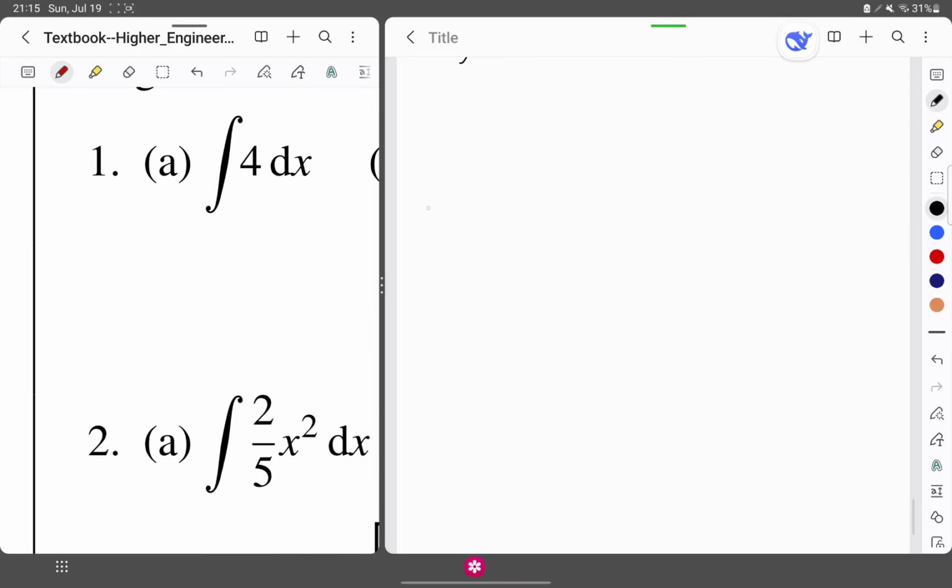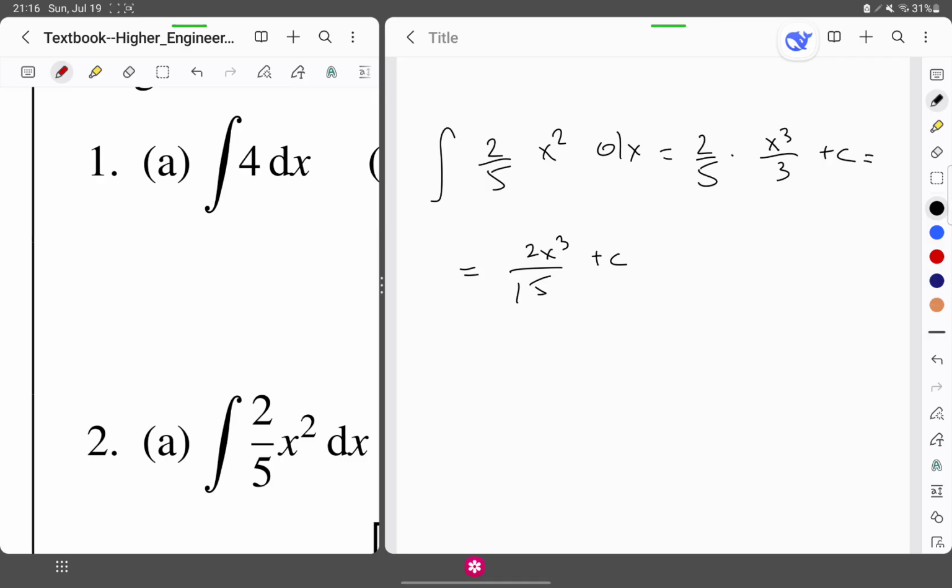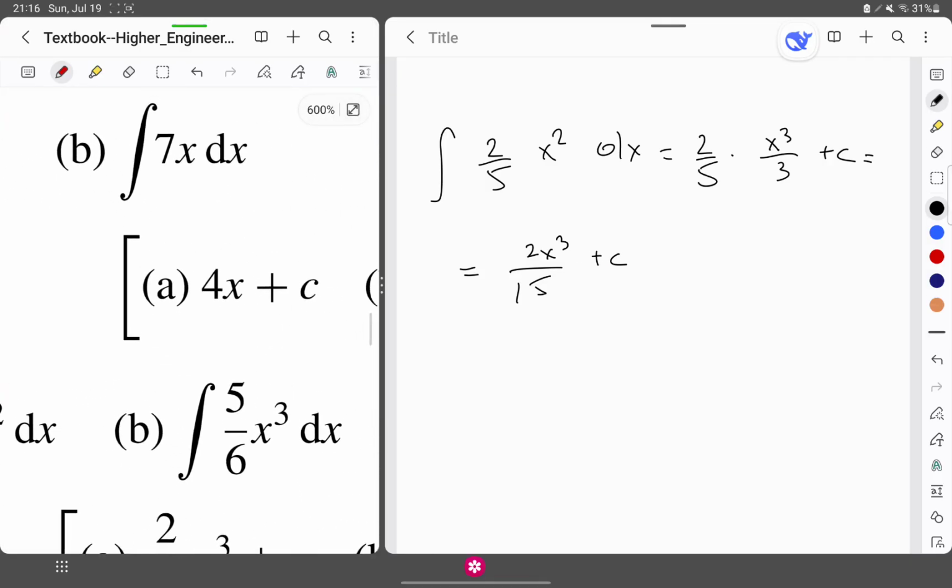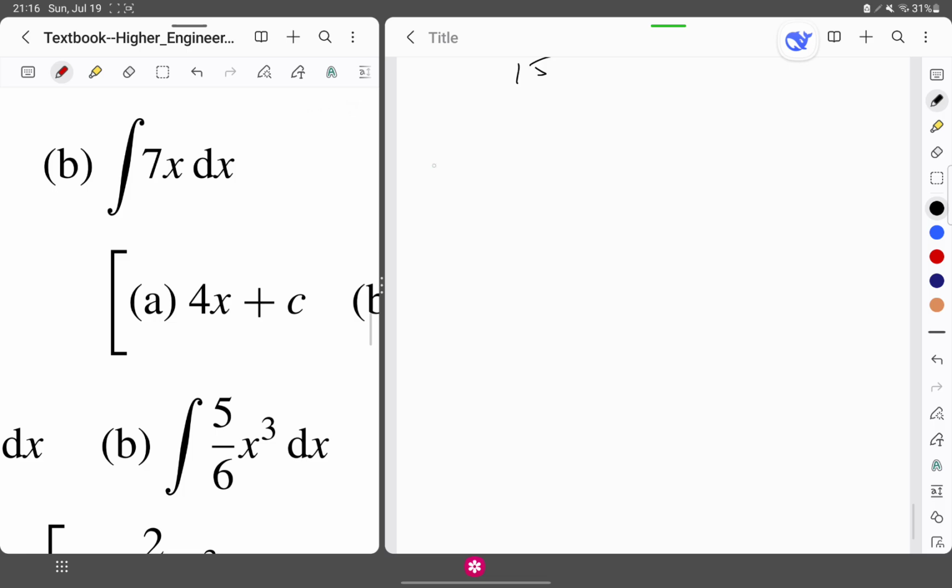For the second one, that will be the integral of 2 over 5 x squared dx. It will be 2 over 5 times x cubed over 3 plus c, and it will be 2 over 15 x cubed plus c. What about this one? 5 over 6 x cubed dx.